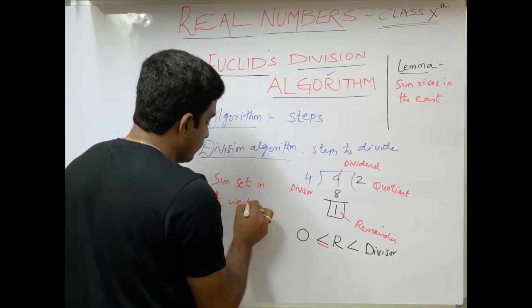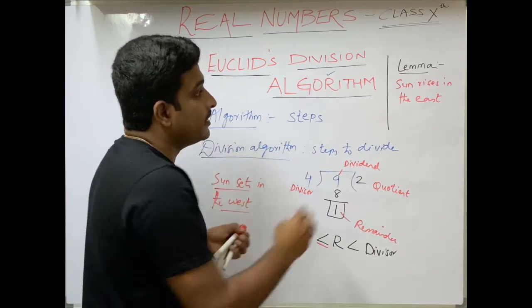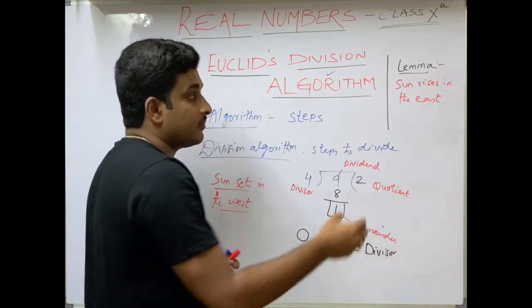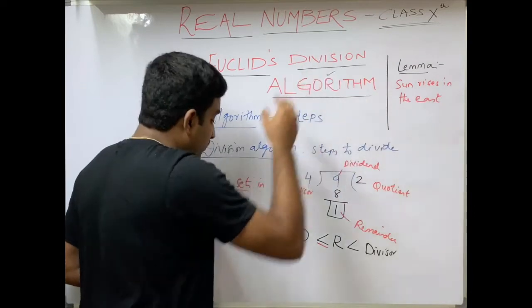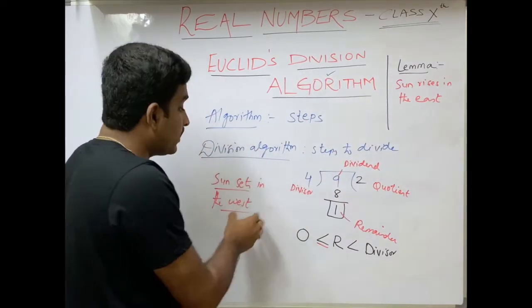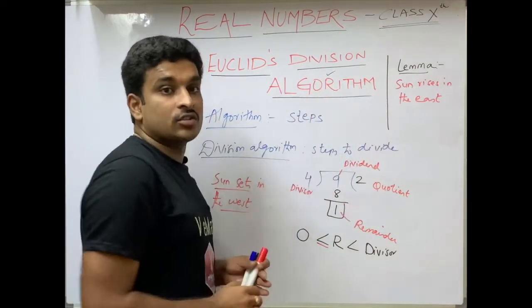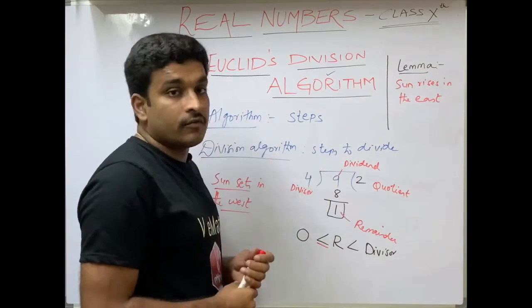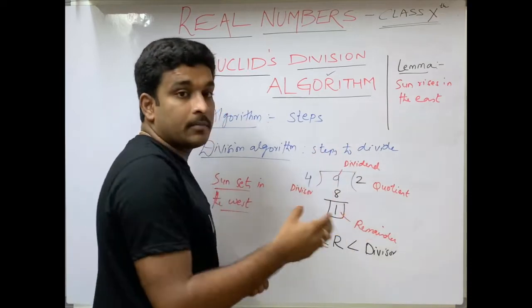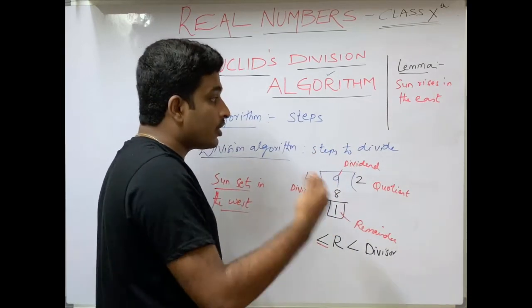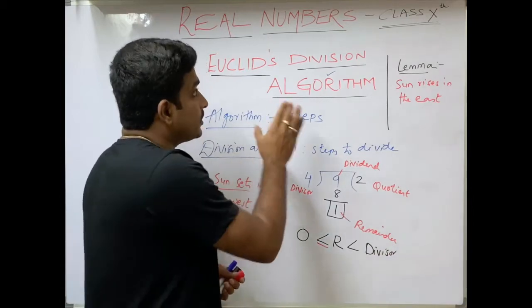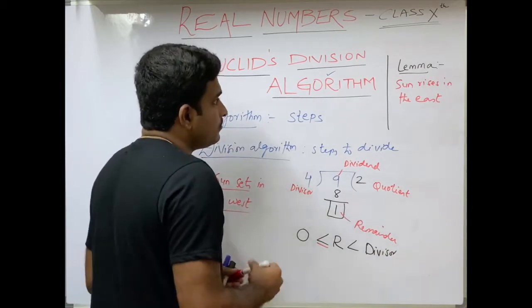So the proven statement, the sun rises in the east, is used to prove the next statement. That is called a lemma. We discuss lemma because in mathematics we'll use a statement which is already proved, and use it to prove statements related to real numbers.